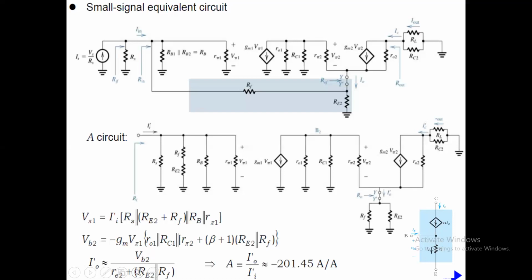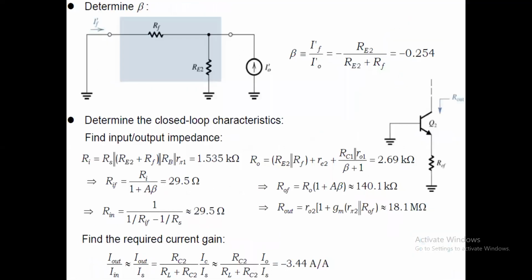I naught dash is there here, and in place of VB2 we can replace this, and then II dash can be written from here, V pi divided by this. So overall you can substitute all the values given there, because the value of V pi 1 will cancel, and then substituting in that we are going to get minus 201.45 amperes per ampere, because it's current gain.